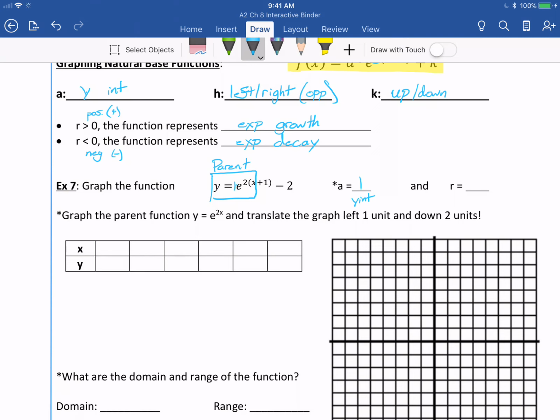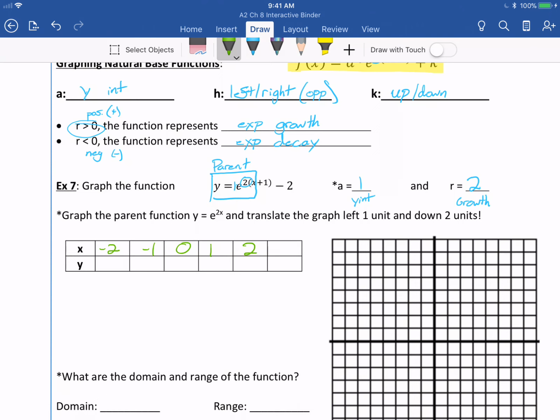And your r is this 2. All right, so r is 2, and obviously that 2 is greater than 0, so this is going to be exponential growth. Okay, so that's just a way to check yourself to make sure that you got it in here correctly. Okay, awesome. So again, let's just go through and plug in -2, -1, 0, 1, and 2 into my calculator.